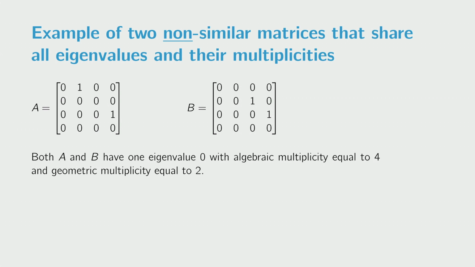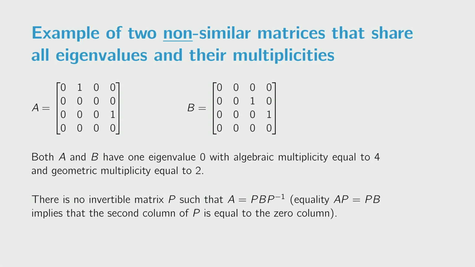Indeed, both A and B have one eigenvalue 0 with algebraic multiplicity equal to 4 and geometric multiplicity equal to 2. But there is no invertible matrix P such that A is equal to P times B times P inverse. You can easily check that the equality A times P equals P times B implies that the second column of P is equal to the 0 column, so P cannot be invertible.